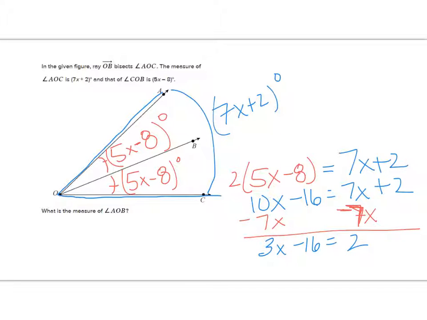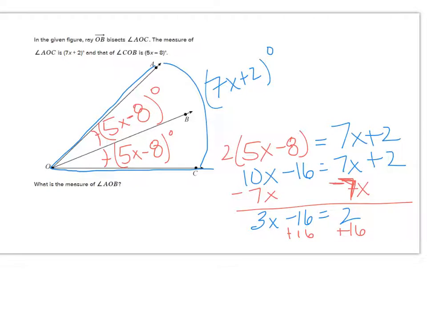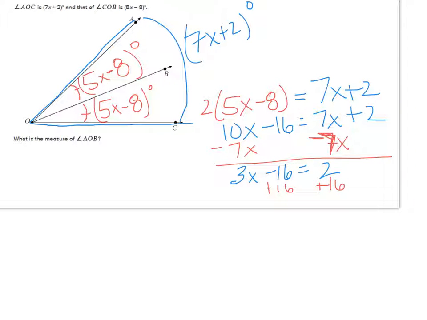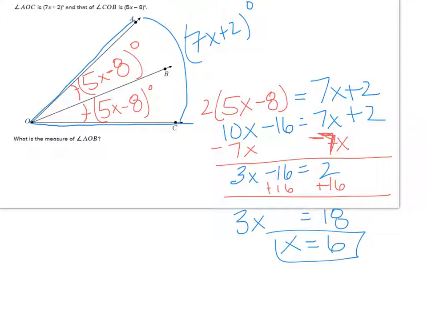Adding the 16 over to cancel it out, to isolate that variable, and I get 3x equals 18. So dividing both sides by the 3, I know my x is going to equal 6. So that's just sort of step 1.